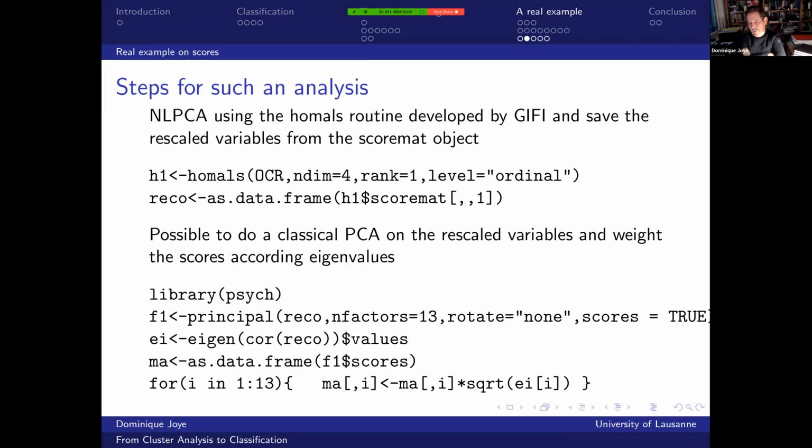You can also, in some cases, go one step further and say, why not do a correspondence analysis? If your variables are nominal, you can do a correspondence analysis, and from that, use the scores of the correspondence analysis as the input for the classification part, for the typology, for the clustering techniques.